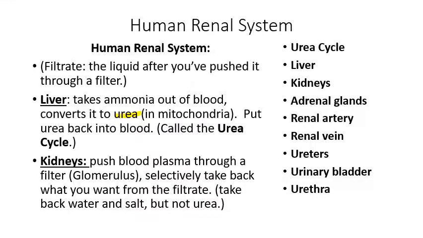And then the kidneys push the blood plasma through a filter, which is called the glomerulus, and then selectively take back the water from the filtrate and allow most of the urea to go back out. It does take a little bit of it back, and we'll see why, but it also takes a bit of the salt back. So the kidneys will take back most of the water, most of the salt, and a little bit of the urea in the collecting duct.